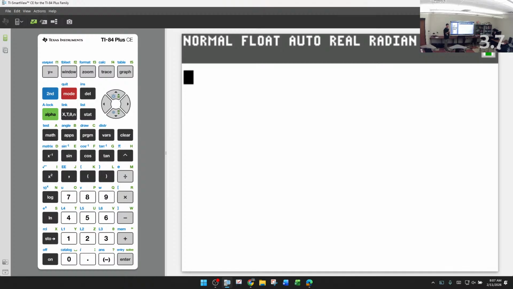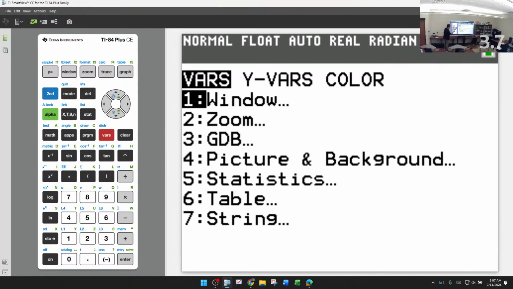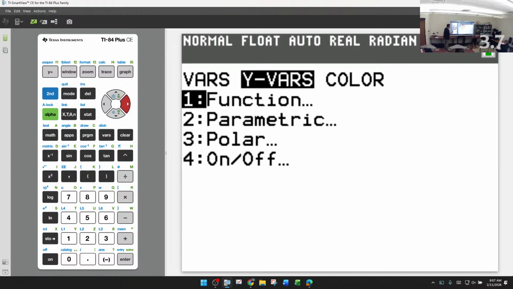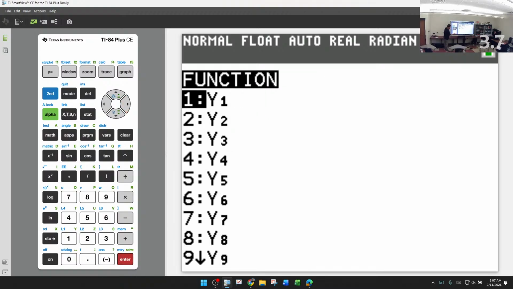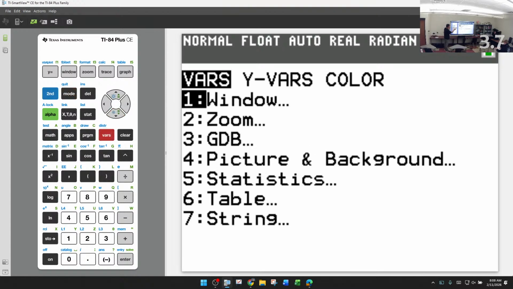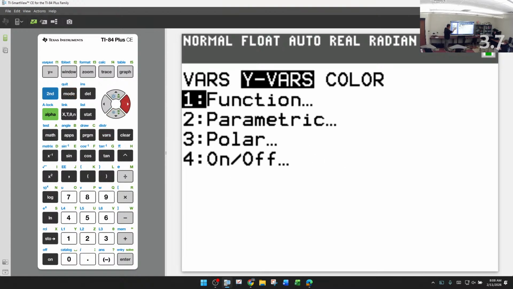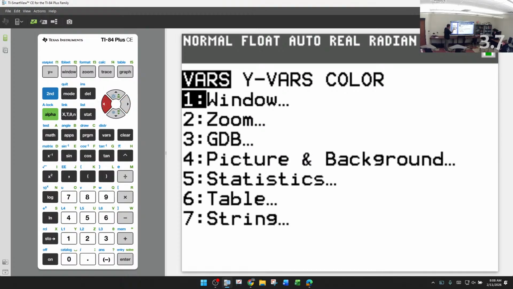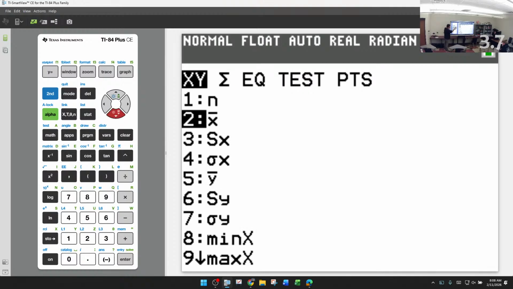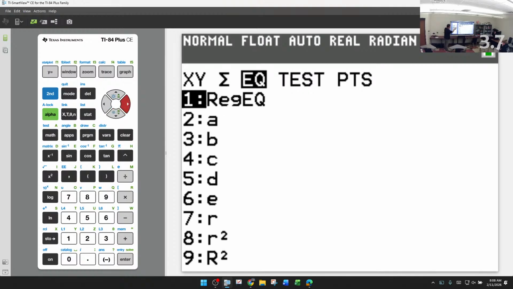If you got really desperate, I don't know, this is the first time I've done this. VARs. Why VARs? That was a function. Nope. Oh, statistics. Equation.